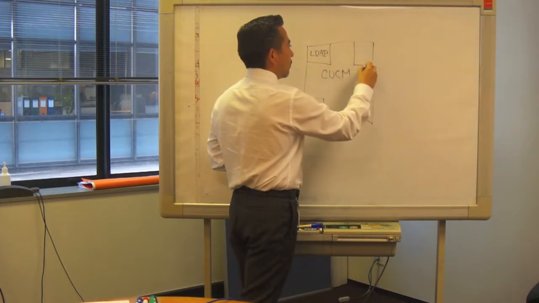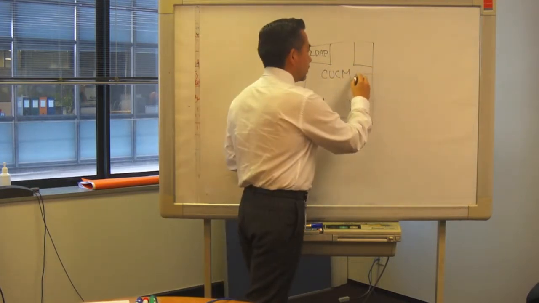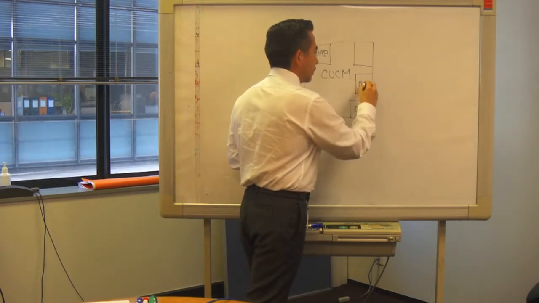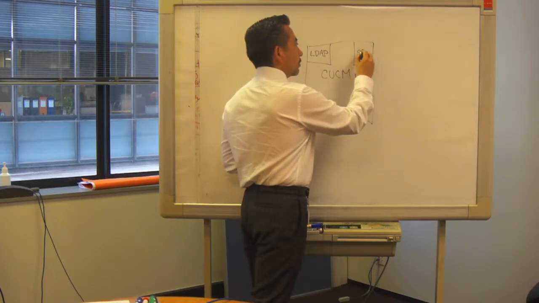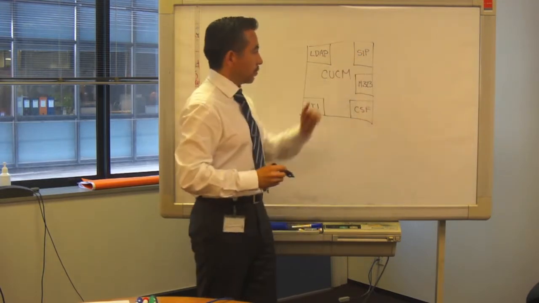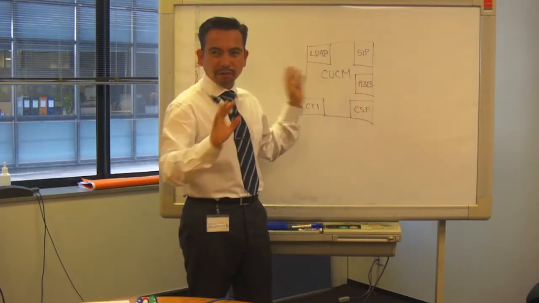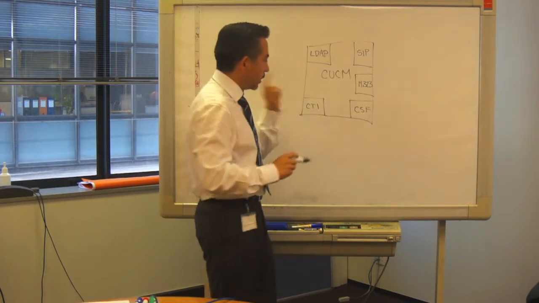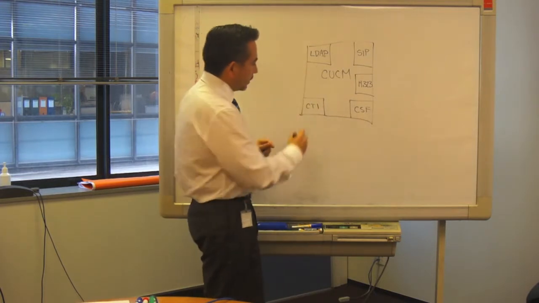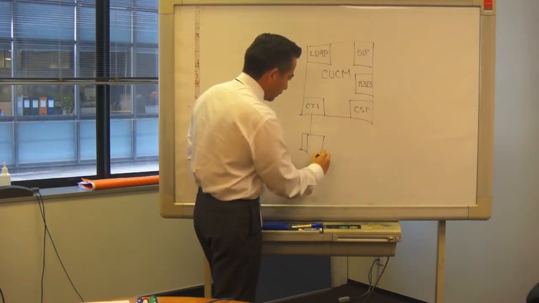Then we have the H323 gateway, and then the SIP protocol, Session Initiation Protocol. We also have the TFTP, but we don't care about that one because that's only going to download the firmware for the phone.